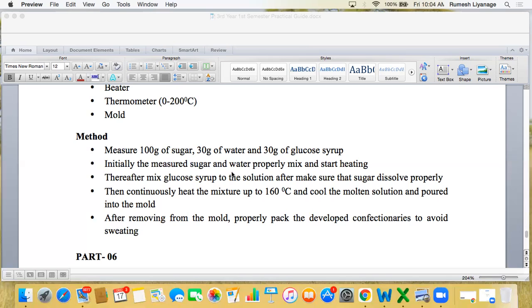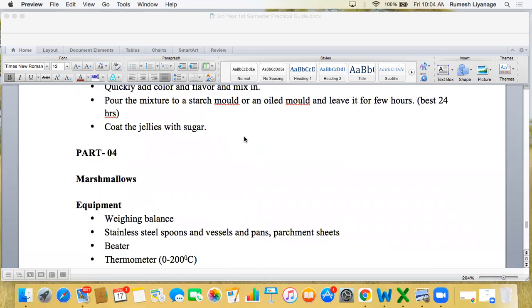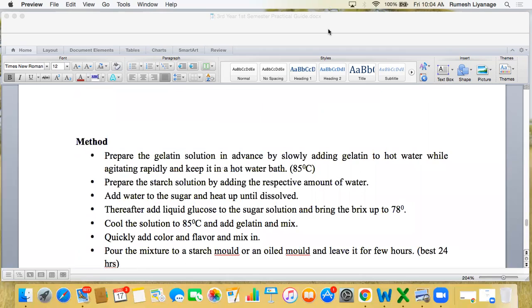So take care of the temperature, and you have to adhere to the safety regulations and the safety instructions of the demonstrators, and you have also been given these safety regulations. So that's all. I hope you can develop these food products successfully, and please attach your photographs to your practical report. Thank you very much.